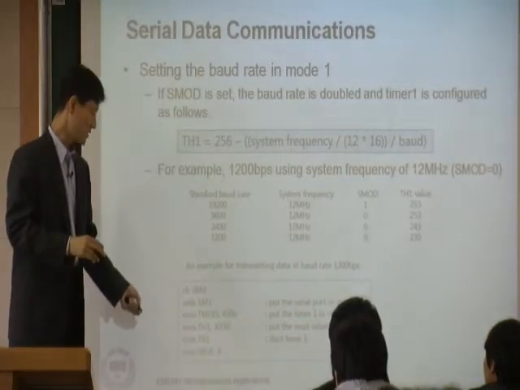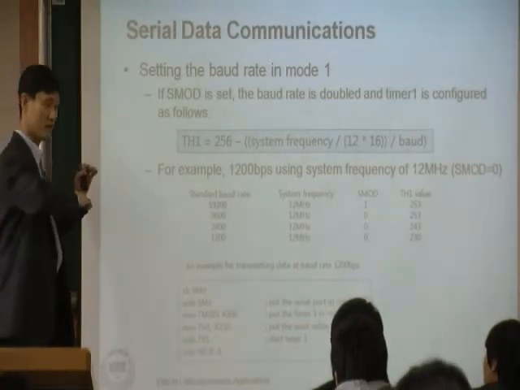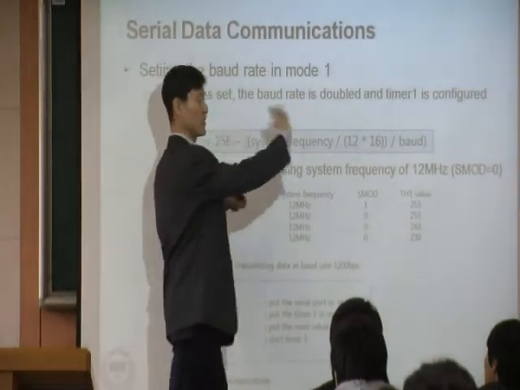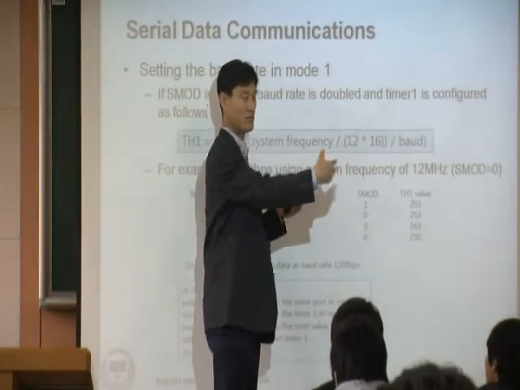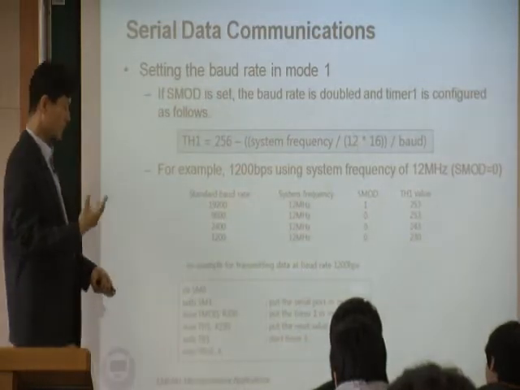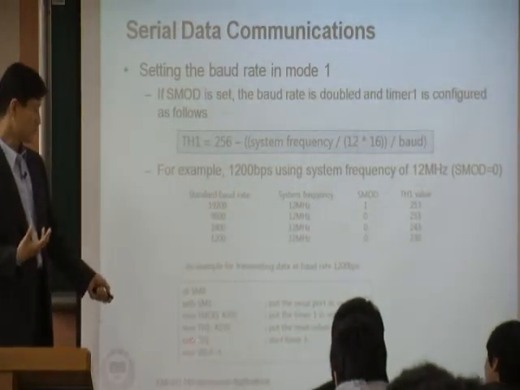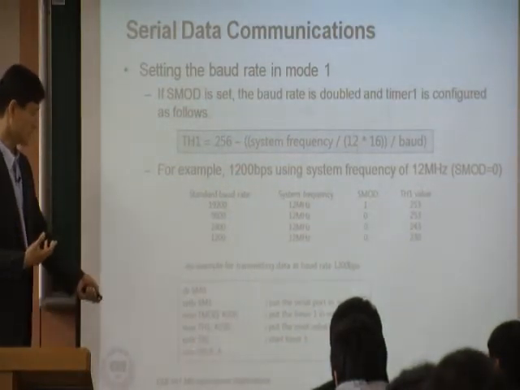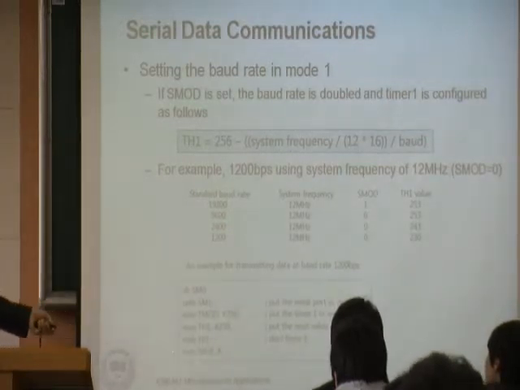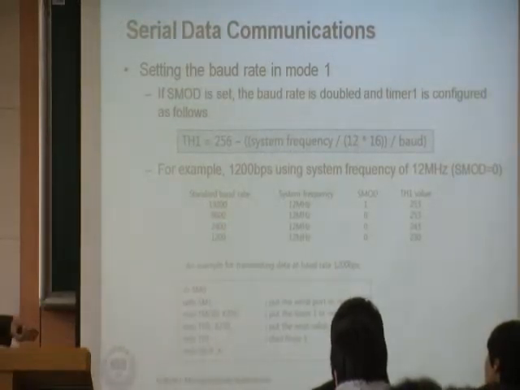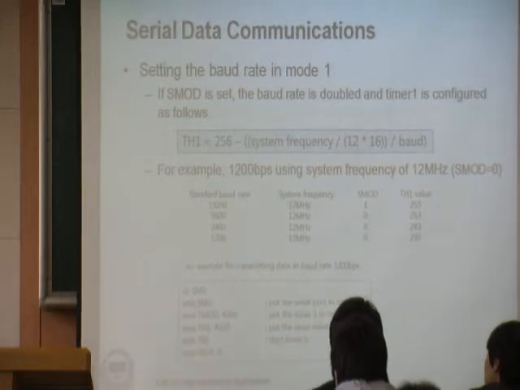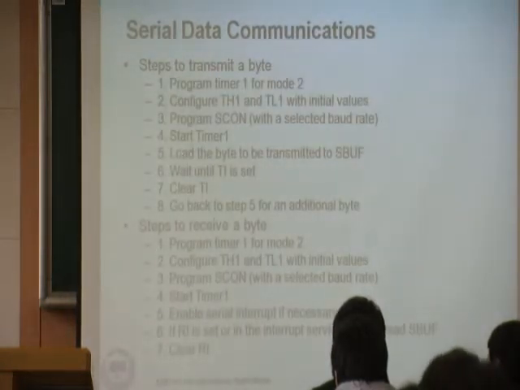Once you run the timer, the timer generates the pulses. That pulse eventually goes to the serial communications. In this case, you're writing the value because we are transmitting. But if you want to receive, then you want to read the SBUF. So these are the steps to do.